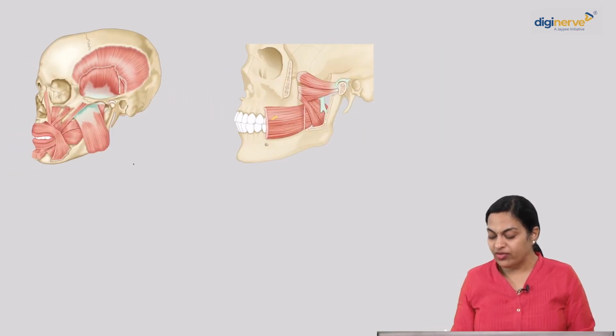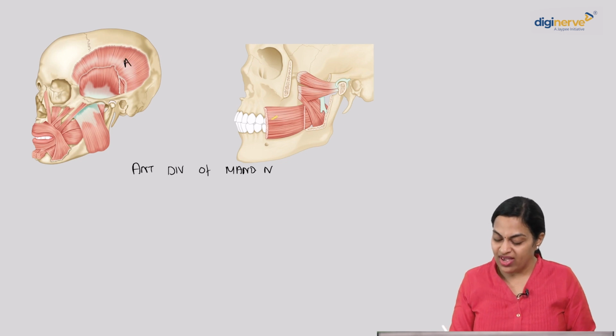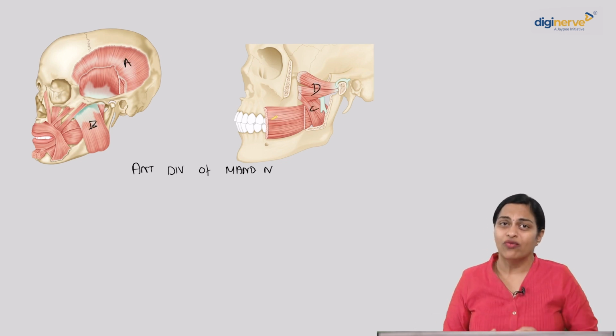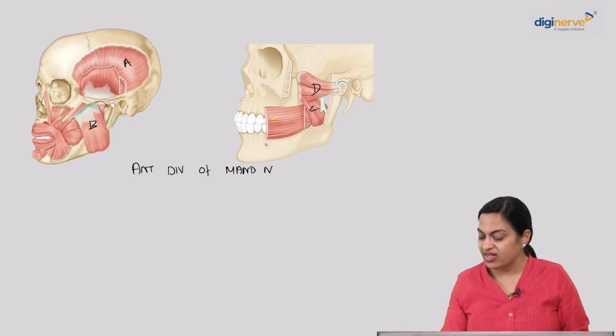Okay. Coming to the nerve supply of these muscles, come on. Yes, all of them are going to be innervated by anterior division of mandibular nerve, except one. Can you tell me which one of these is not innervated by anterior division of mandibular nerve? Yes, the medial pterygoid.